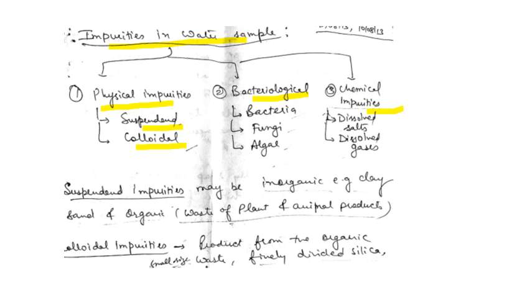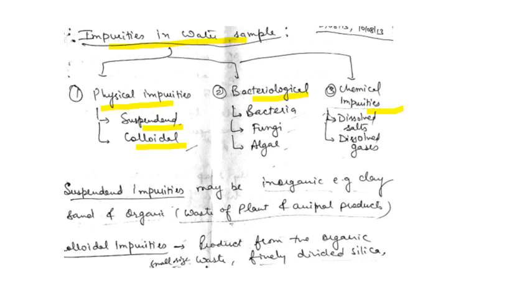Suspended impurities means the size of the particles is larger. That's why they are suspended in the water, and colloidal means the size is smaller. It is not too small or too large, it is in between, and those are colloidal particles.